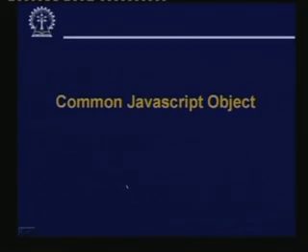Next, we shall have a quick look at the common JavaScript objects that are available for use. Now, we have seen a number of JavaScript examples. We had actually used a number of such objects in those examples, starting from window, document, history, and so on.